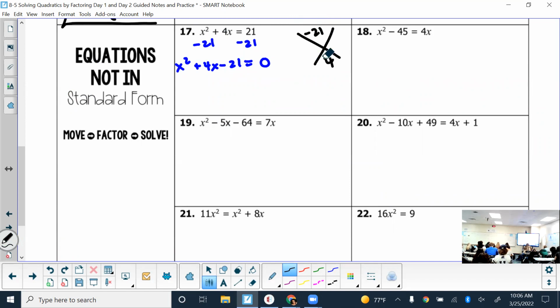And what two numbers multiply to 21, or negative 21, but add to 4? 7 and negative 3 is the winning combination. If it's going to add to a positive 4, the negative needs to be on the smaller number. All right, so then write down your factors. It's x plus 7 and x minus 3 so far, equal to 0. What do we do next?